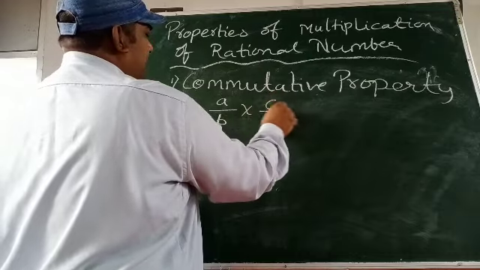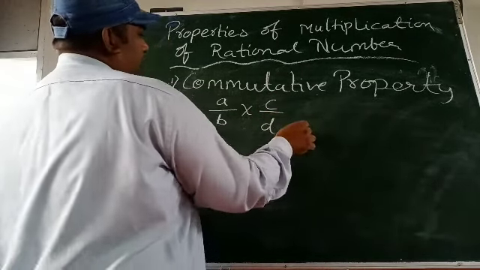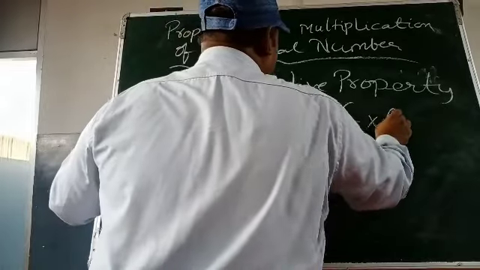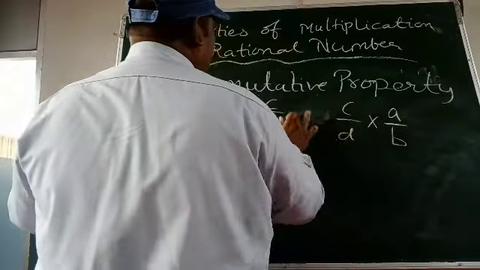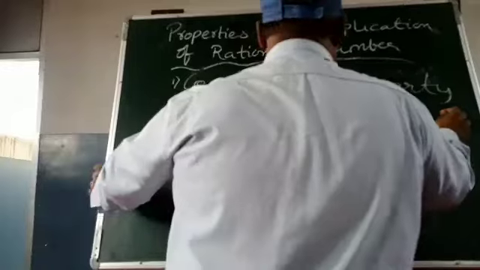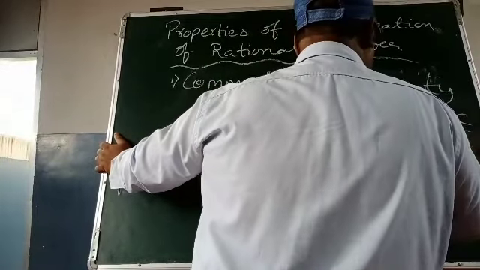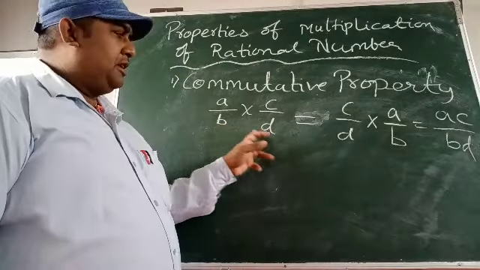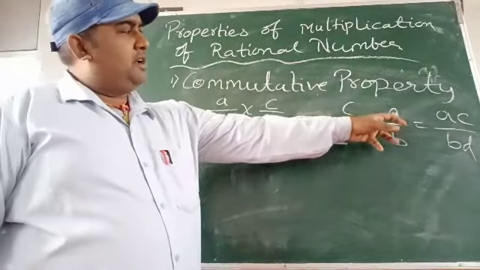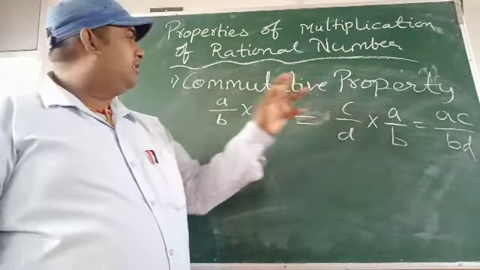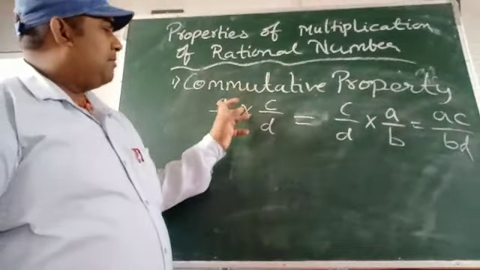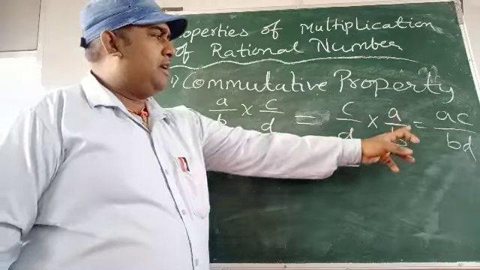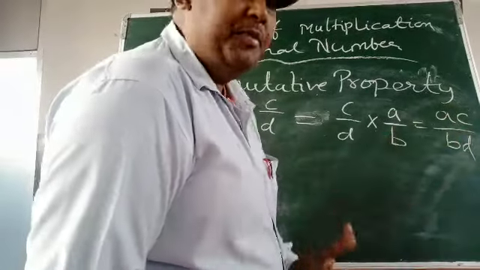When you multiply a by b with c by d, or c by d with a by b, both give the same result, ac by bd. We can write a multiplied by c, b multiplied by d, c multiplied by a, d multiplied by b. So a by b into c by d equals c by d into a by b, and it will give ac by bd.